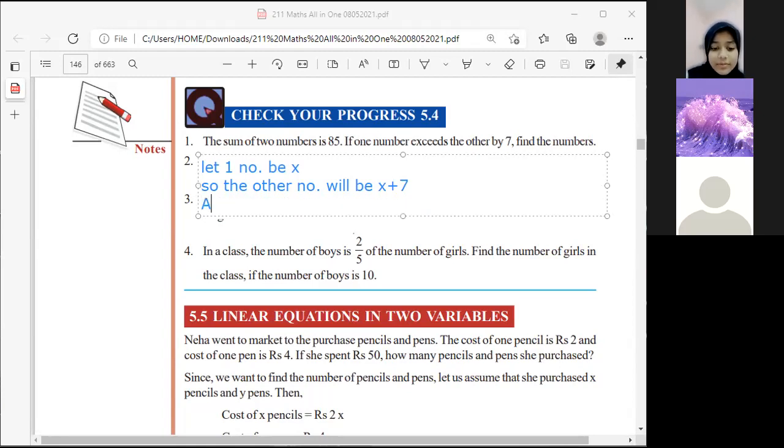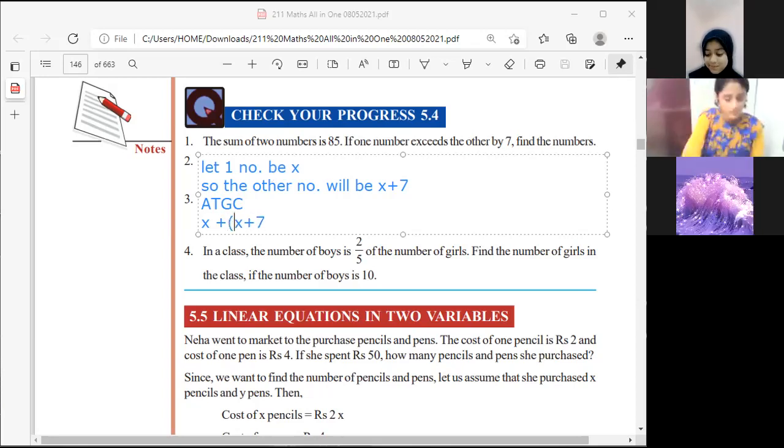Okay. Yes, teacher. Now, according to the given condition, they are saying the sum of two numbers is 85. That means I write x plus (x plus 7). These are the two numbers, so let me take this in a bracket so you understand that I'm adding only two numbers. One number is x, the other number is x plus 7.